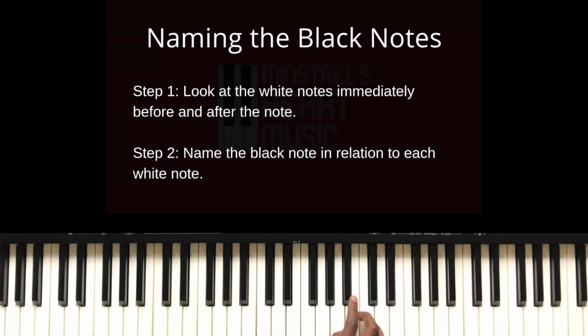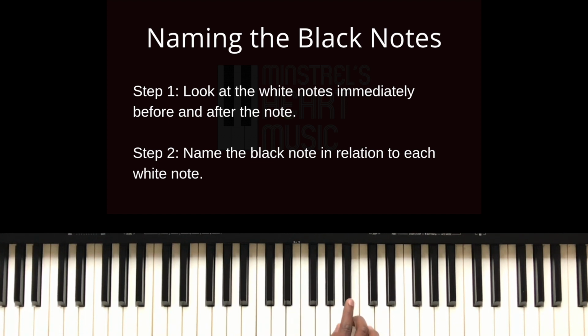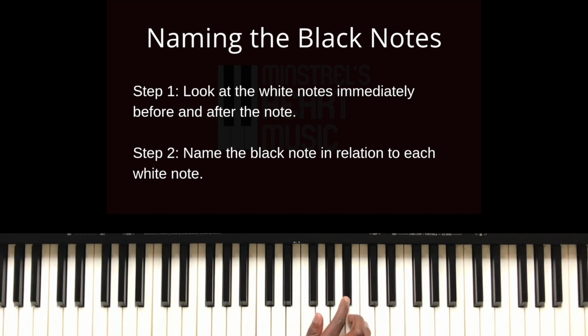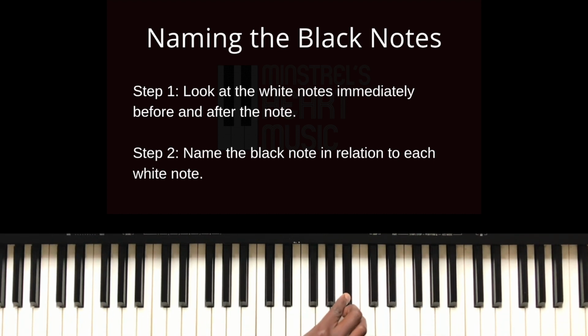And what are the other notes before and after? That's right, A and B. So let's start from A. Relative to A, this note is sharpened, so A sharp. Relative to B, this note is flattened, so B flat.